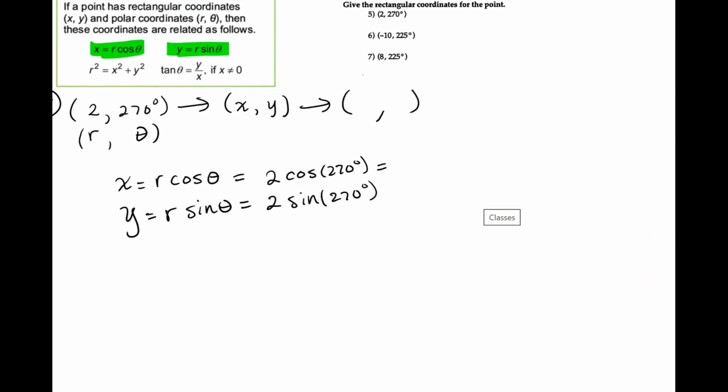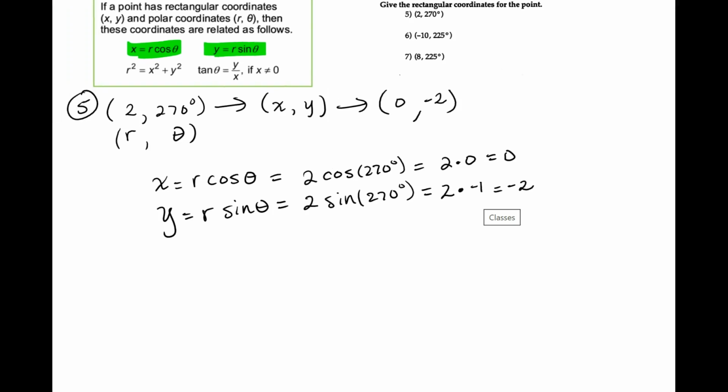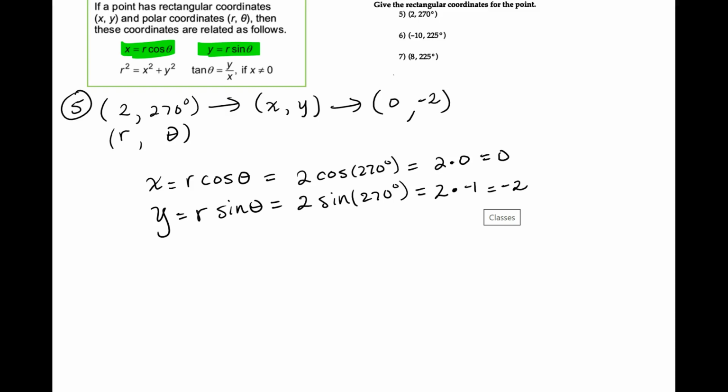So we're going to have 2 times 0, and over here we're going to have 2 times -1. So this one's going to be 0, and this one's going to be -2. And so the rectangular coordinates for these polar coordinates, 270 degrees, is going to be 0, -2. So that's the answer for the very first problem.